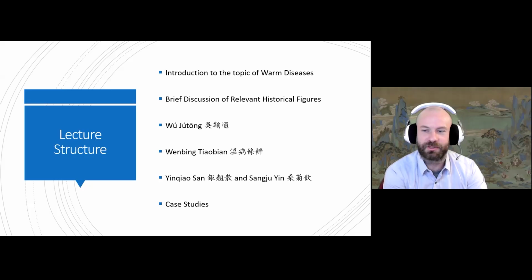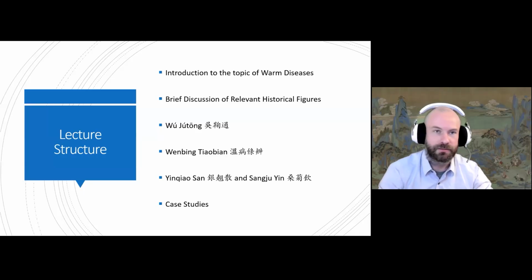I really enjoyed writing that aspect, but it was also very difficult because there were so many people I wanted to talk about that I unfortunately had to remove. We talk about Wu Jutong, the author of the Wenbing Tiaobian, then the structure of the Wenbing Tiaobian, and then the two formulas that we'll look at as well.